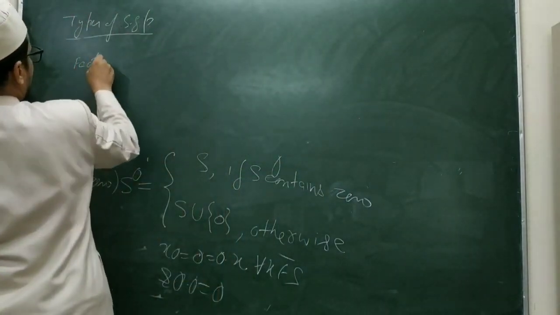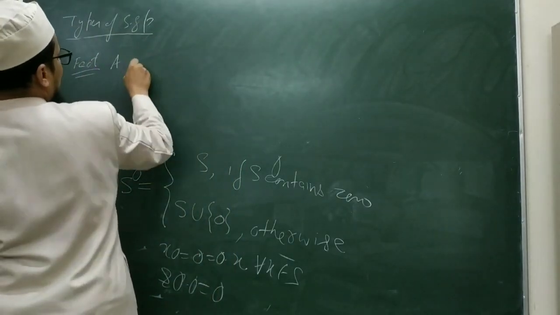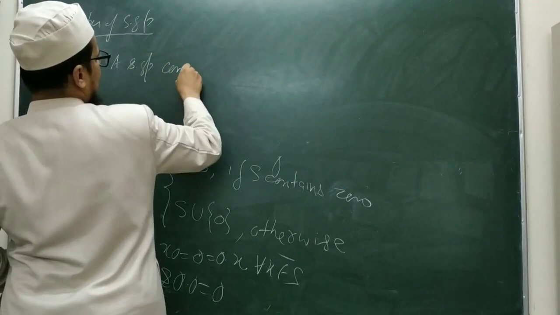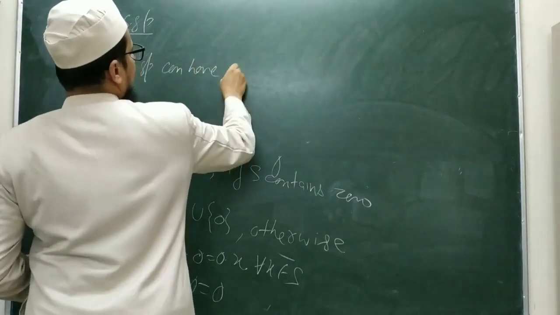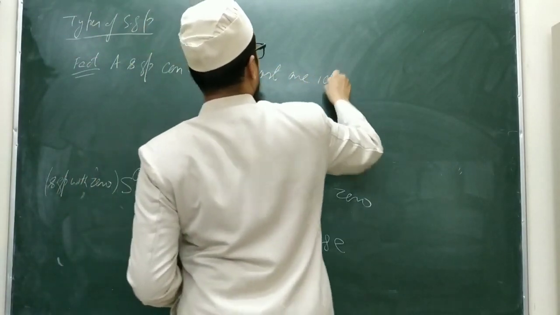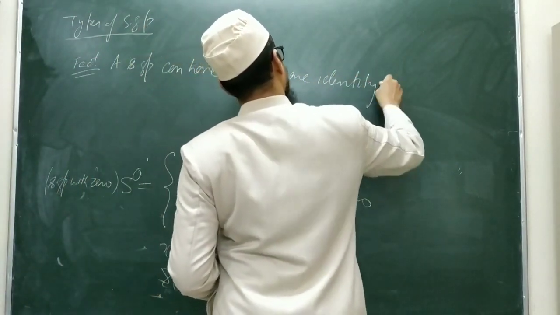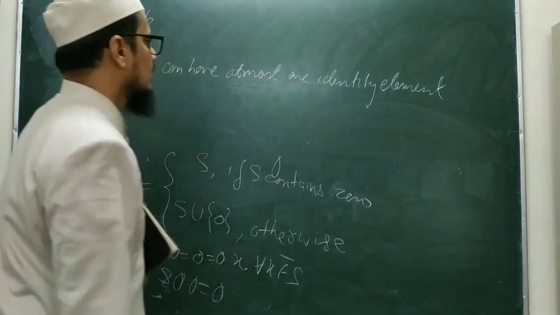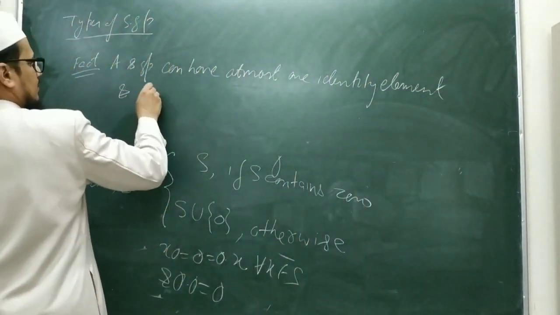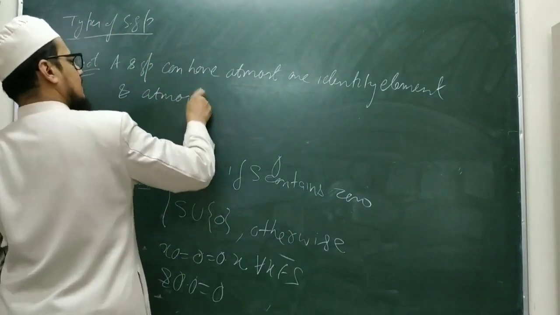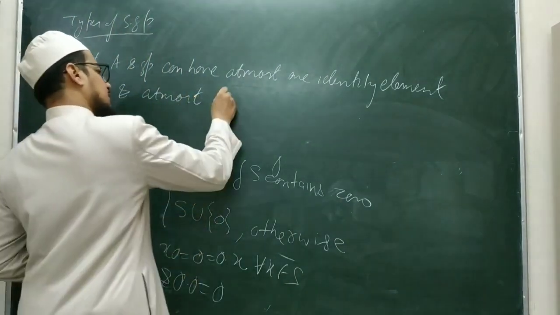The important fact is that a semigroup can have at most one identity element and at most one 0 element.